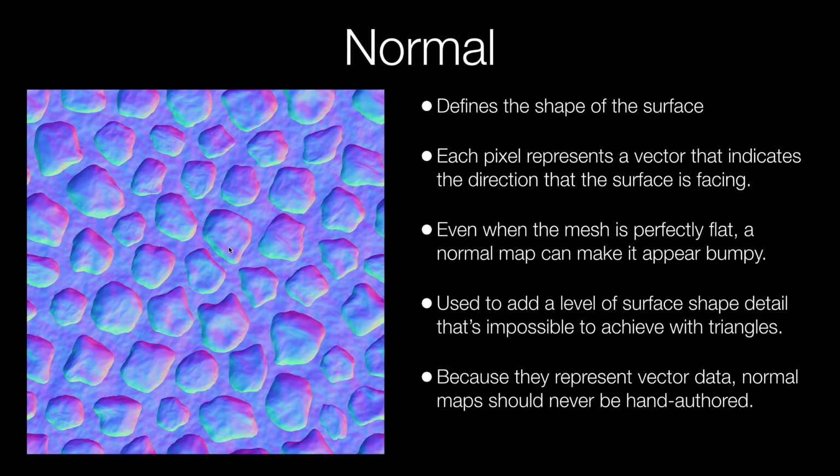Each vector represents a direction, and it allows us to create a level of detail that is impossible to achieve just by using triangles. And once again, you should never hand paint a normal map. That should be done by a baking process.